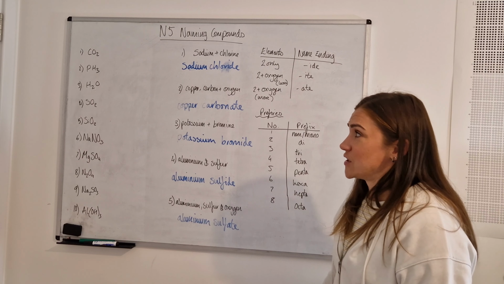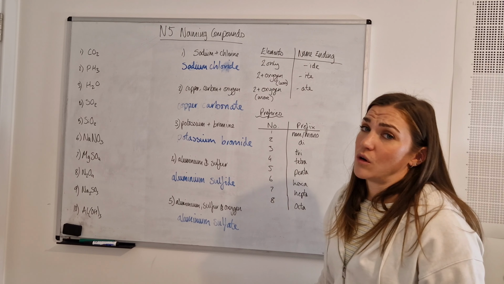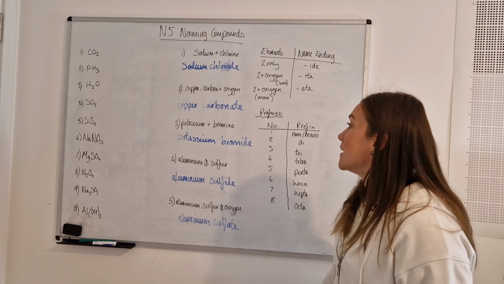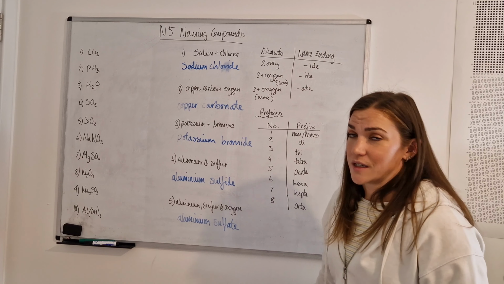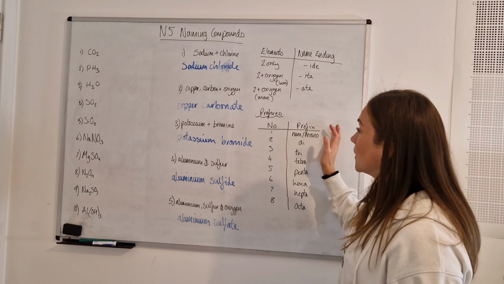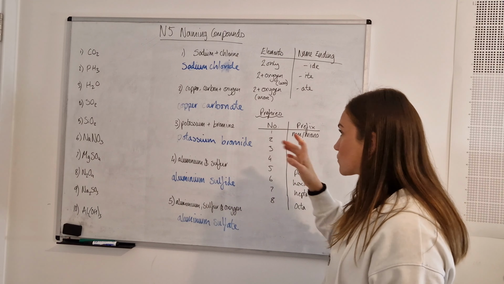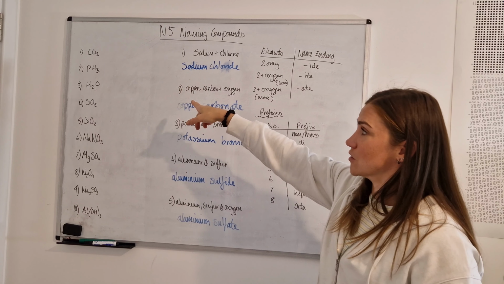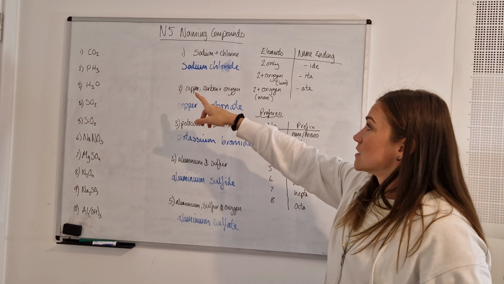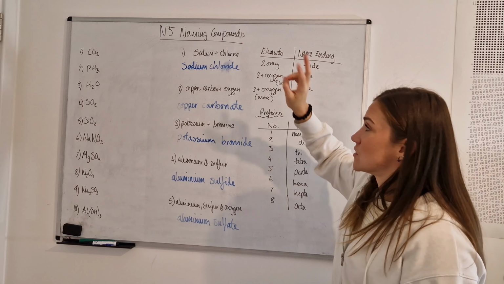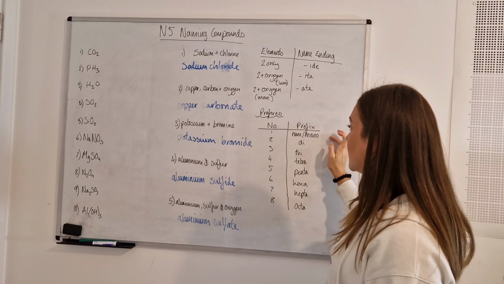So the first example I've picked here is the one that people always know the name of this chemical anyway, but without necessarily realising how it relates to these naming rules. So we've got a compound with carbon and oxygen. That means that it would end in ide because that's only two elements.